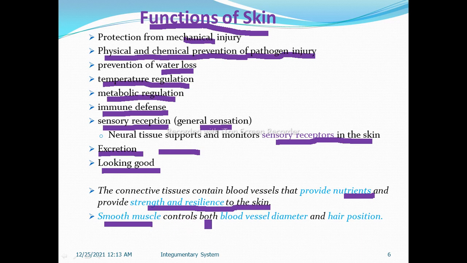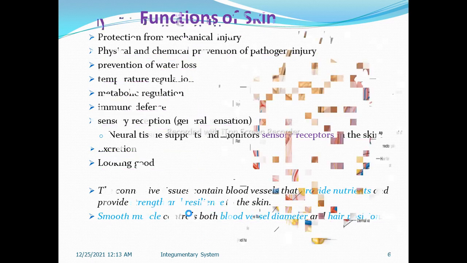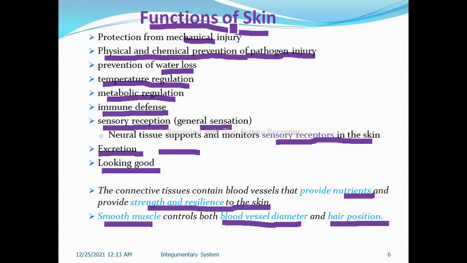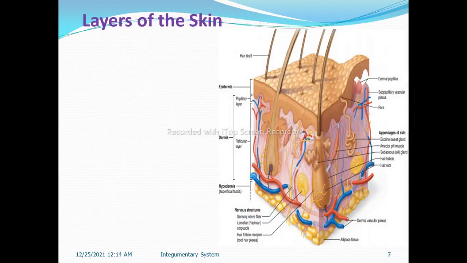This smooth muscle controls both blood vessel diameter and hair position. The erector pili muscle is used to erect the hair, and the other smooth muscle adjusts the diameter of the blood vessels. So all these are the functions of the skin.